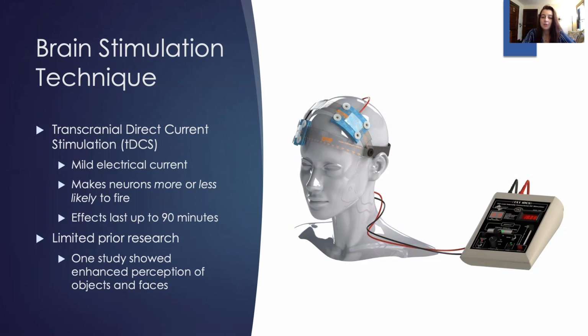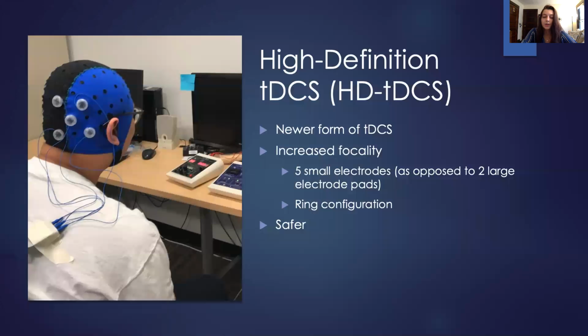Essentially, it makes neurons either more or less likely to fire, so it's not directly altering the neuronal firing rate, and effects last for up to 90 minutes. Additionally, there's only one or two studies using tDCS to look at object perception, and one study actually found enhanced perception of objects and faces. However, there is currently no research using HD-tDCS, which is high definition tDCS, a newer form of the conventional version of tDCS.